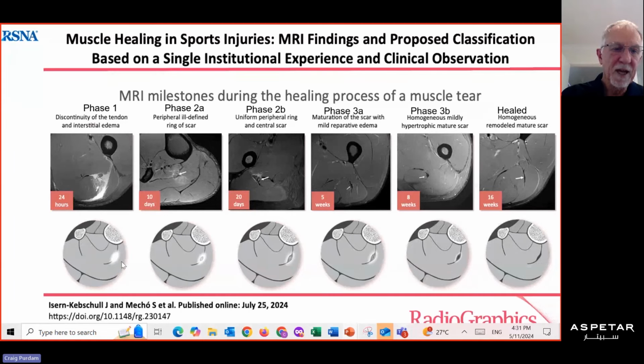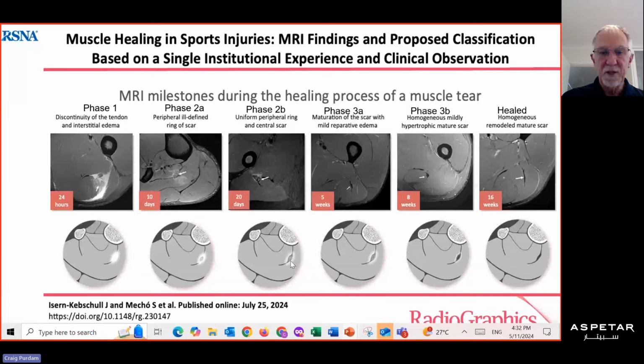In the first phase, the destruction phase, we've basically got just increased T2 signal. There's a small halo, so these lesions actually heal from the outside in because there's better blood supply externally than internally to this scar.